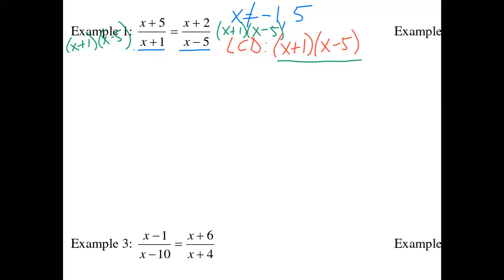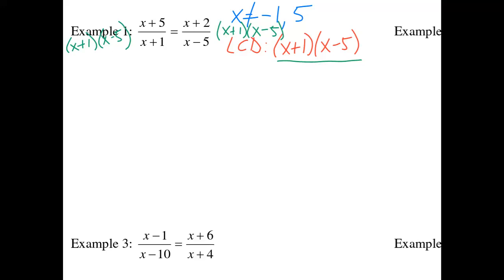Now, the wonderful thing that should happen when you do this is that every time we should find that something should cancel out because when you built the LCD, you used each denominator in building it.